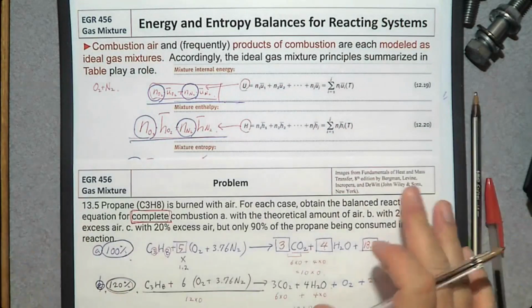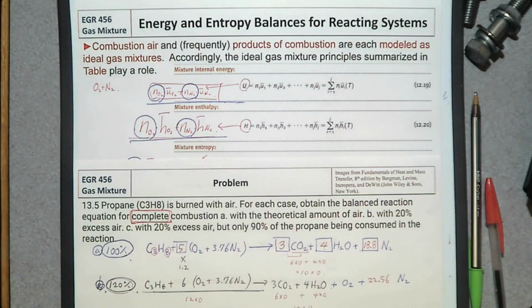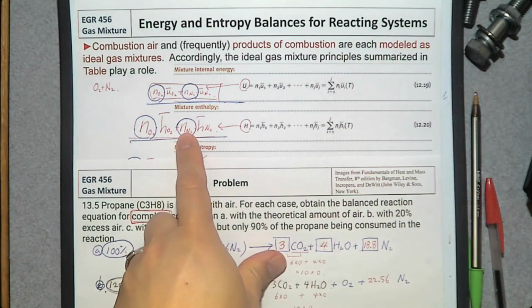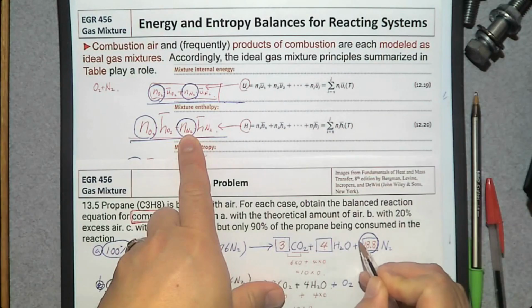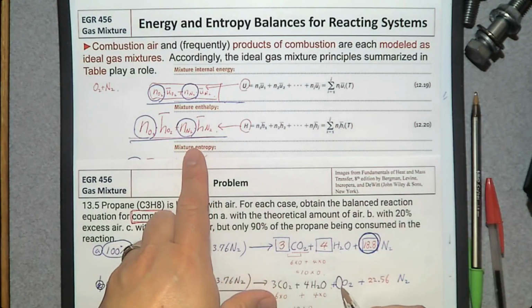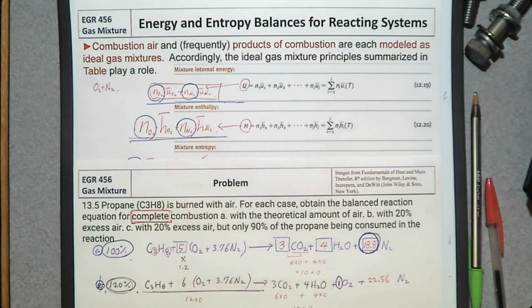If you remember the balanced reaction equation, these numbers represent N. So this is N of nitrogen. This is N of oxygen, which is number 1. Whatever the numbers in front of each component in this balanced reaction equation are, that is N.